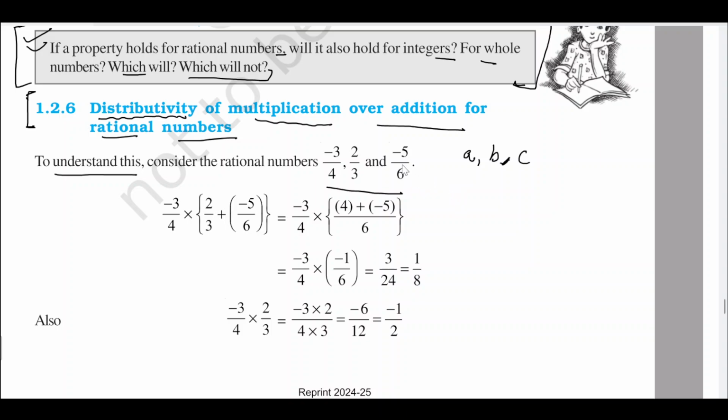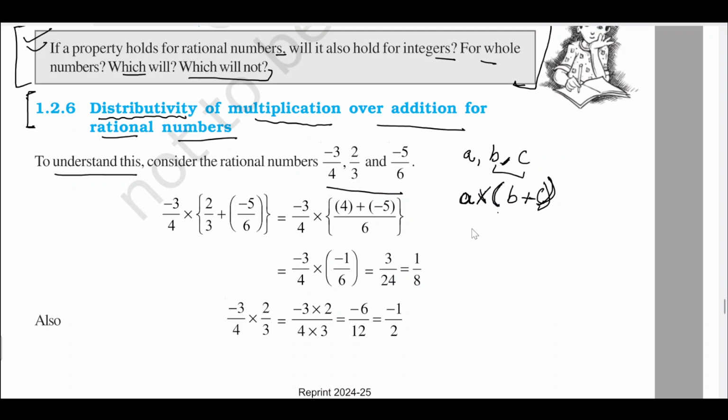So we are learning distributivity of multiplication over addition. Okay, so we have kept B and C under addition, and we have kept A outside that addition. So here multiplication is being distributed.